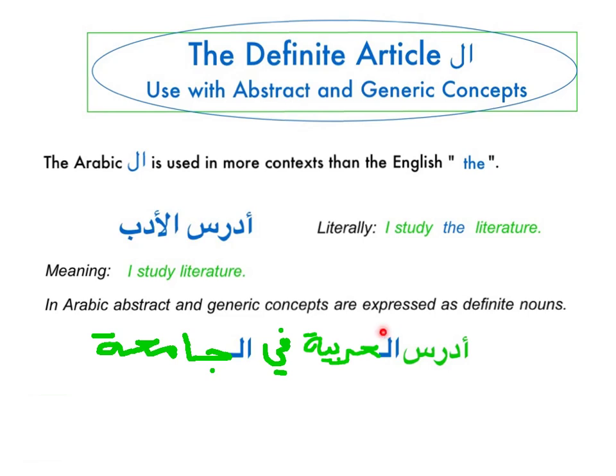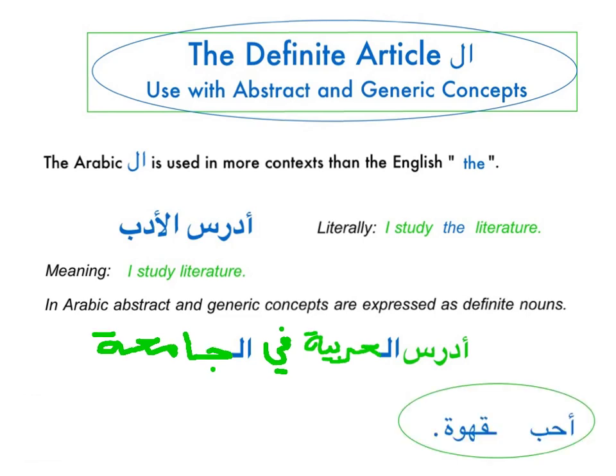Notice how in Arabic we use alif lam for abstract concepts. في الجامعة is just to define جامعة, at the university. So this implies that the speaker and I know which university I'm referring to, just like the in English. Compare this to English when you would say I study Arabic at university.